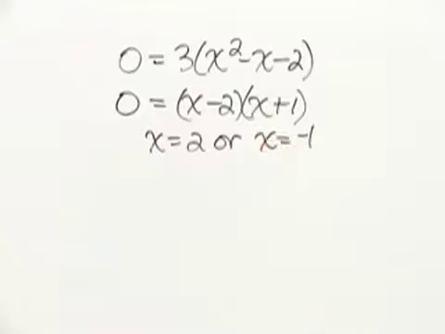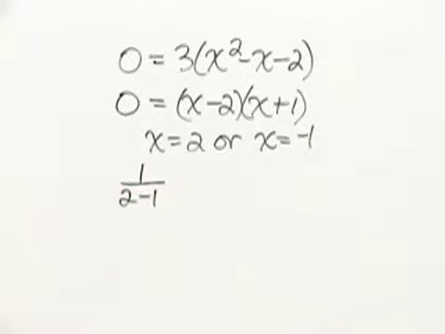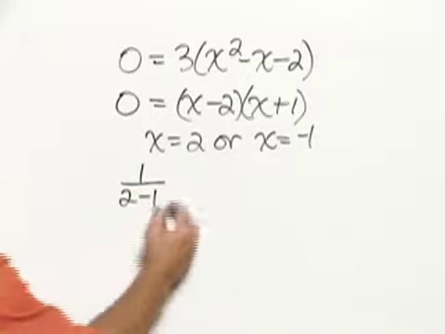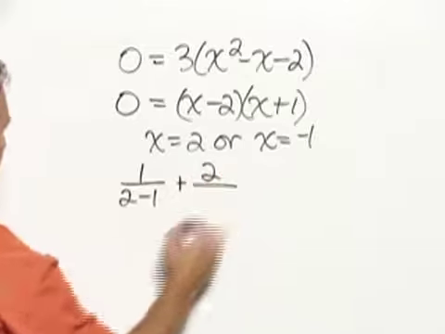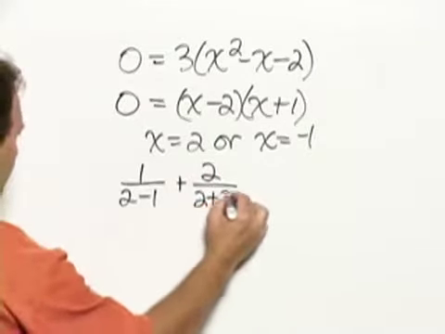Now we need to check our answer, and that means we have two answers to check. We need to substitute each of those separately into the original equation. The original equation is 1 over x minus 1, so that's 1 over 2 minus 1, plus 2 over x plus 2, so that would be 2 plus 2.